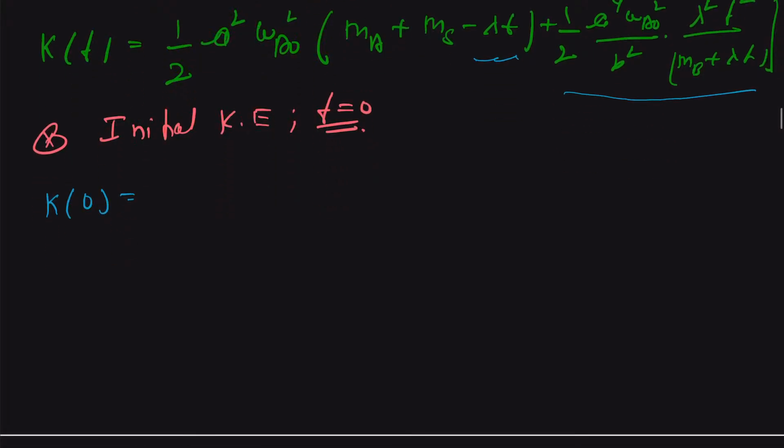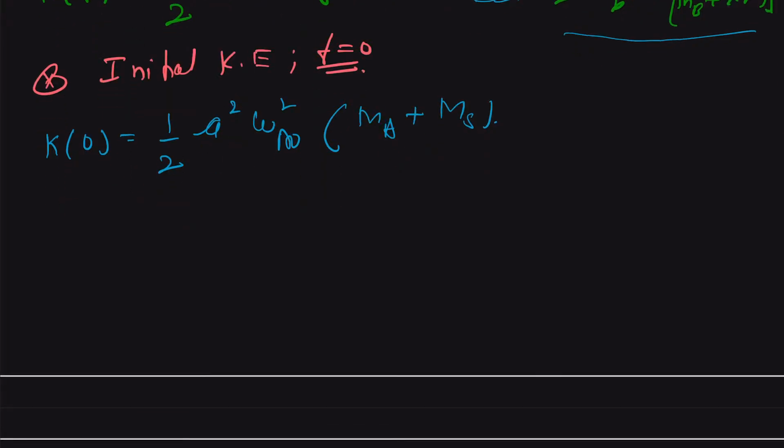Okay, so we are left with only half a squared omega naught squared times m of a and mass of the sand. So it means at only t equal to 0, because only the inner drum and the sand is rotating, the outer drum is stationary.